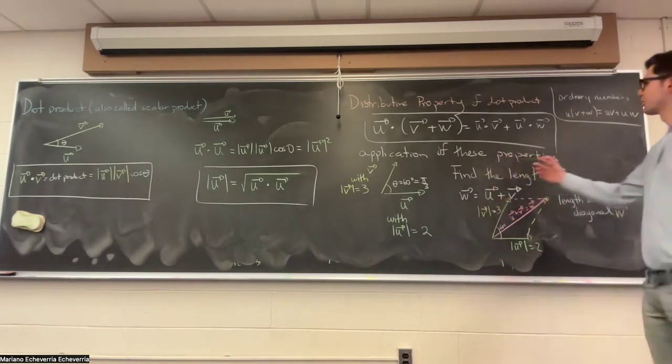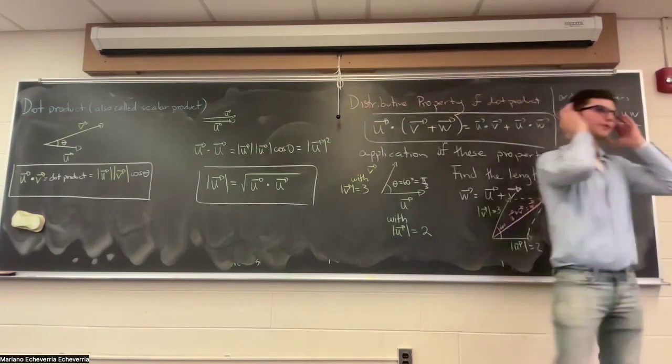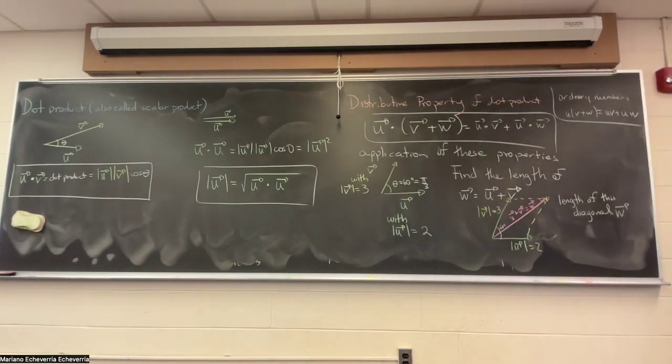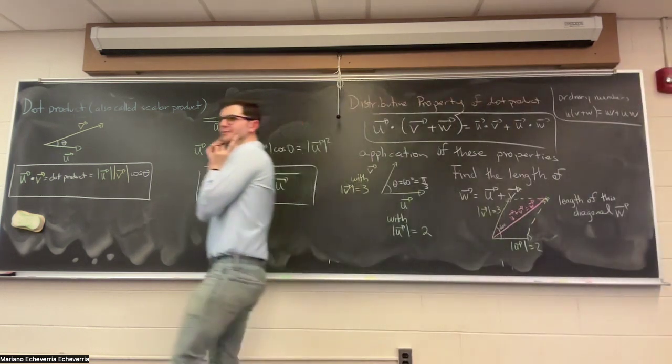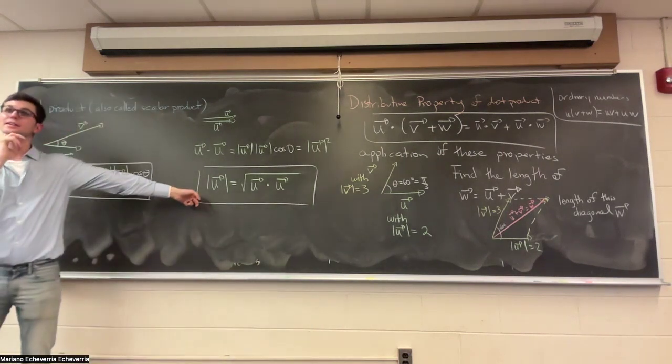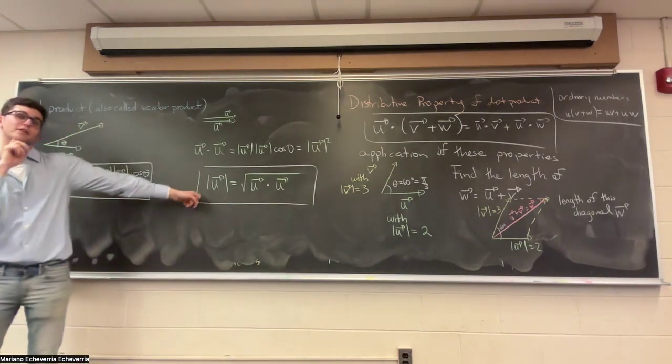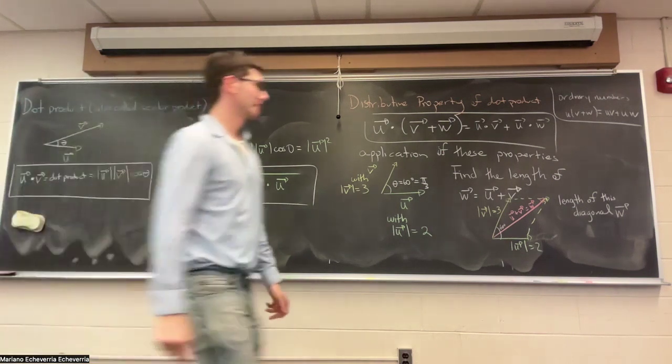We have three boxes, 1, 2, 3. Which of the three boxes is related to the length? The second one, right? The second one is directly about the length of a vector. So let's start there.